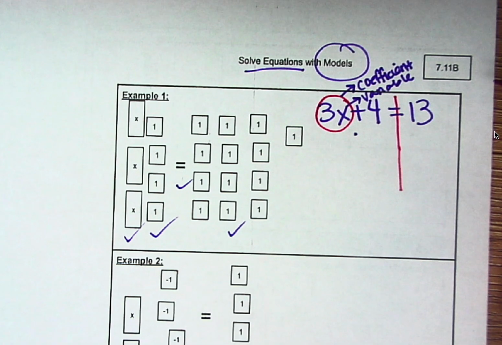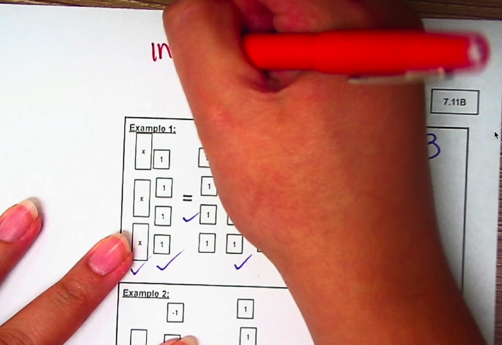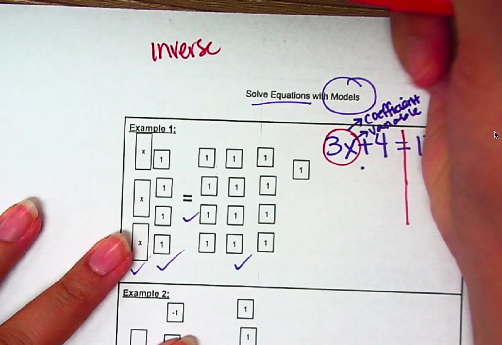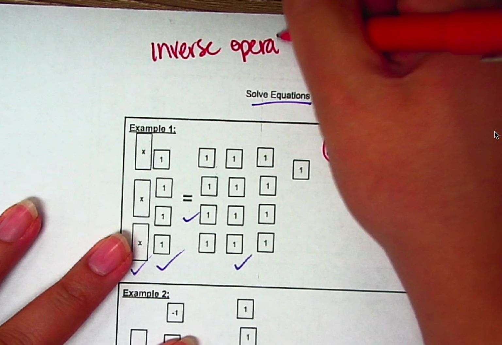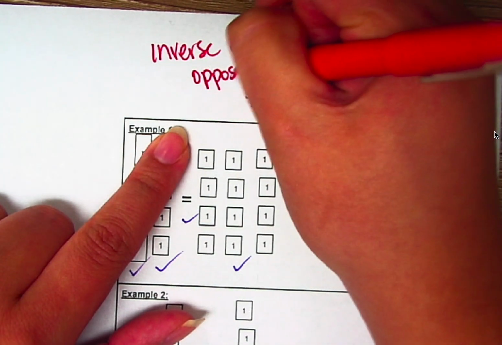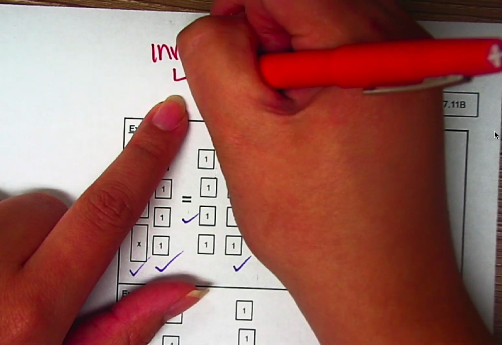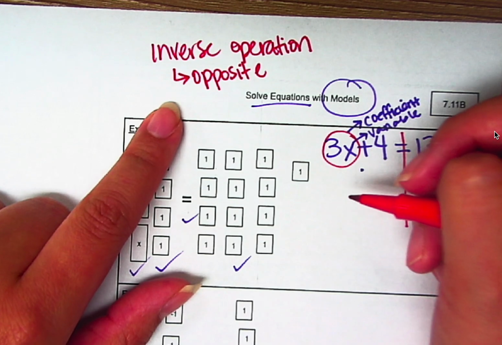Inverse operation. What that means is, go ahead and write this on the top. Inverse operation. You are just going to do the opposite. Okay? That is opposite. Opposite operation.